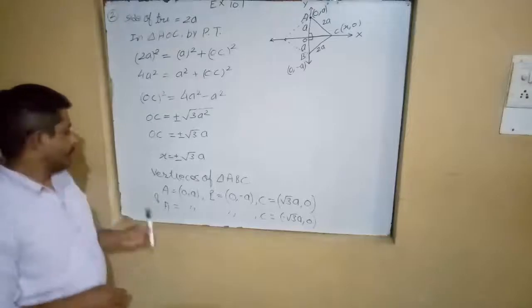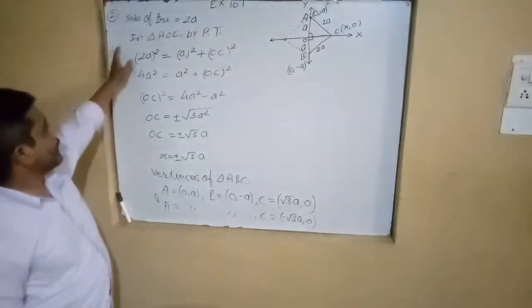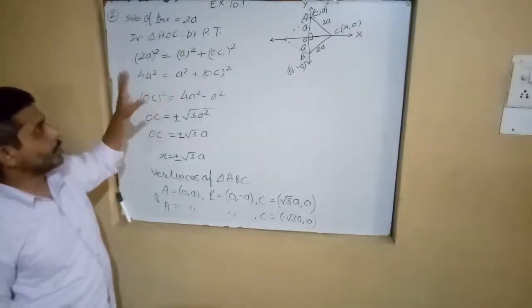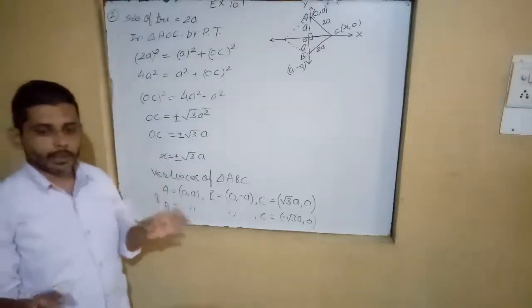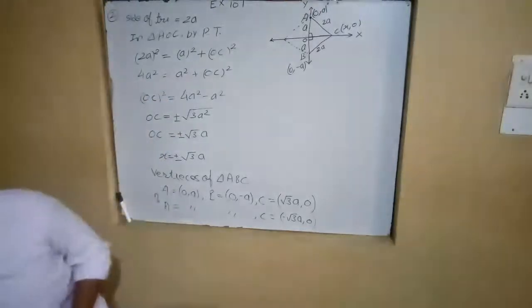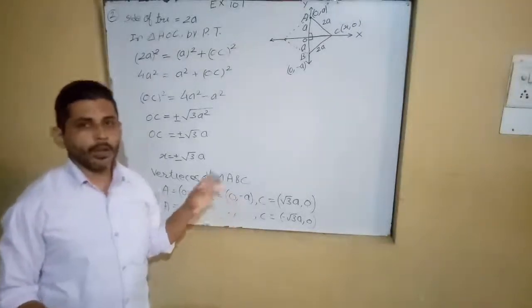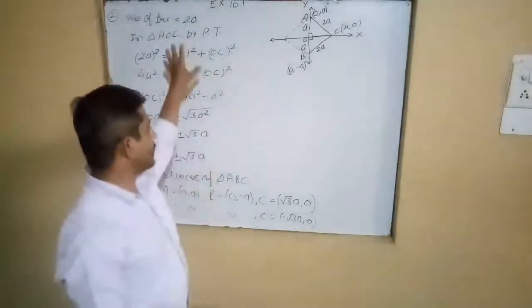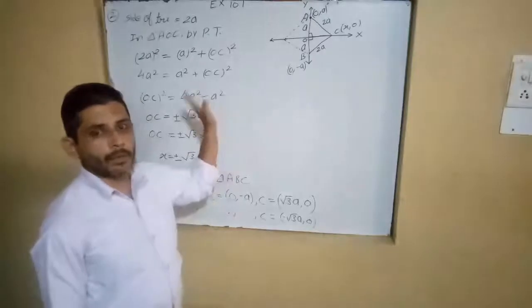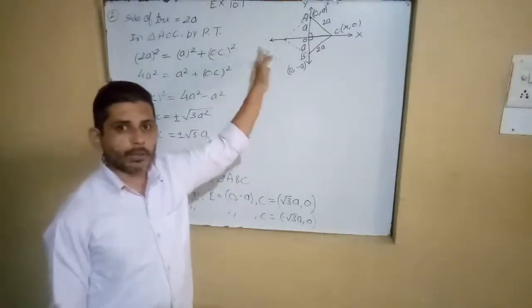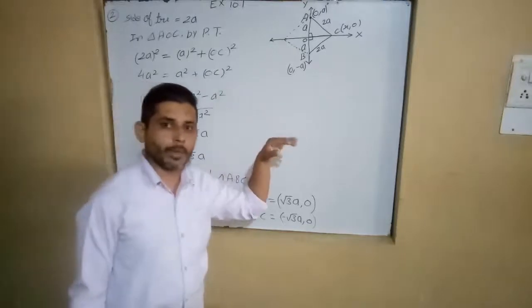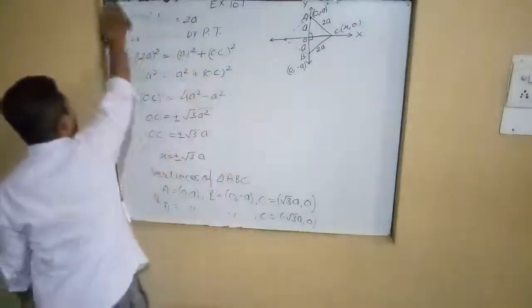Clear now? So this is the question number second. Very important question, because here we use our logic. We cannot directly use a formula and solve. First we have to understand what the question is, and first we draw the diagram according to the question, then we will solve. Otherwise we can't solve this question.